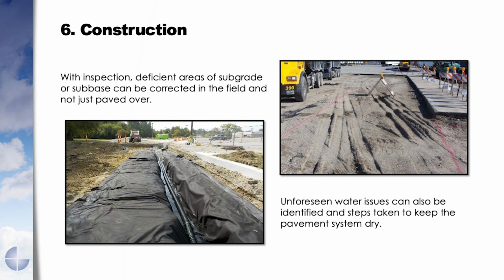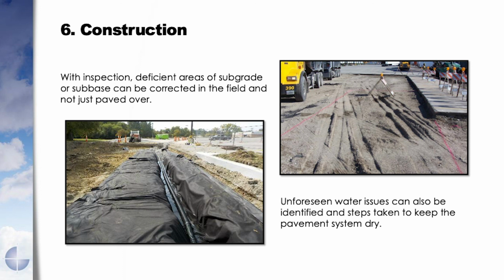You can see there's a pipe there in the trench. That fabric will be wrapped over the top of it once it's filled with clear stone, and that pipe goes to a catch basin in the distance. So now that all that spring water is being caught by this pipe and drained out from that pavement system, that pavement system will last as designed.